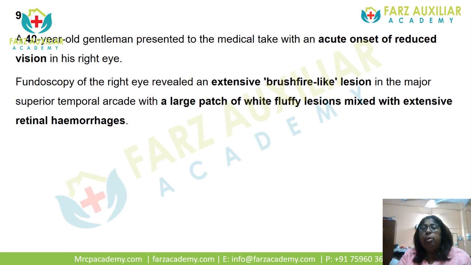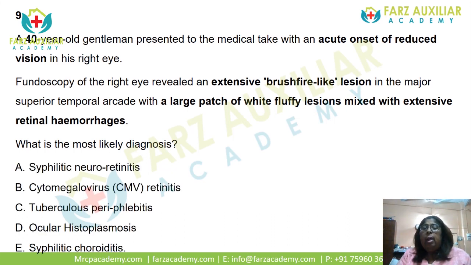What is the most likely diagnosis? A. Syphilitic neuroretinitis. B. Cytomegalovirus or CMV retinitis. C. Tuberculous periphlebitis. D. Ocular histoplasmosis. And E. Syphilitic choroiditis.